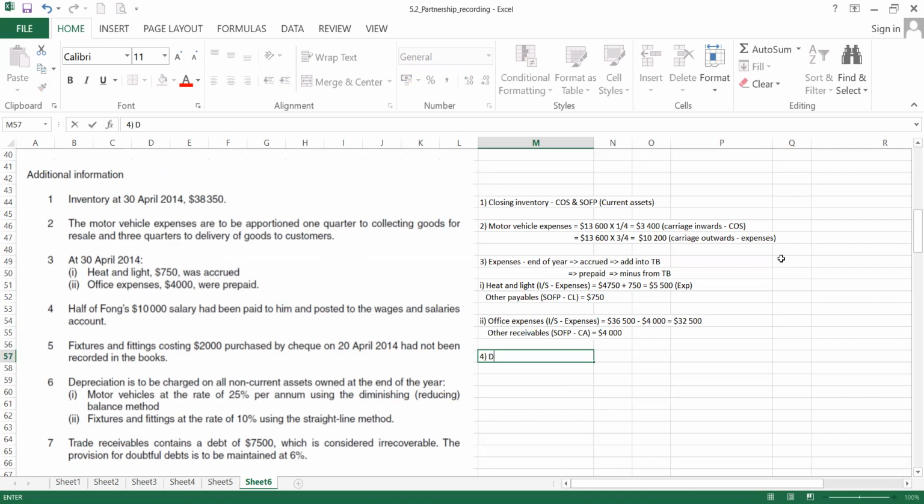So we have to make adjustment, debit current account, and credit wages and salary. Take note that partner salary will be recognized in the current account and it will not charge into the expenses.